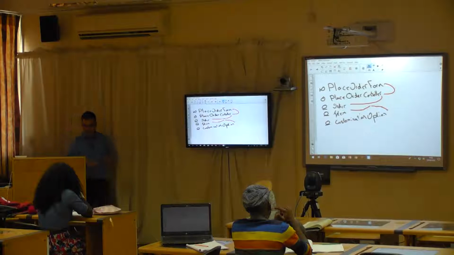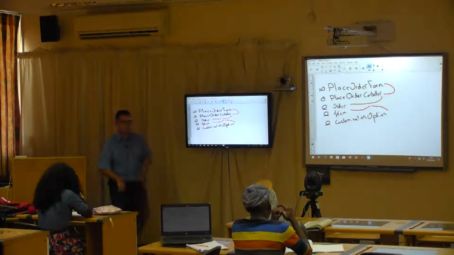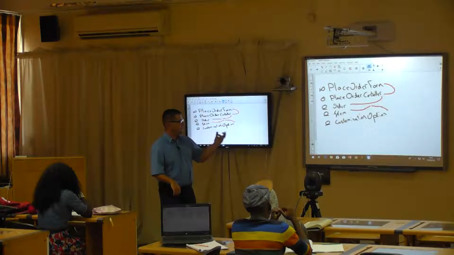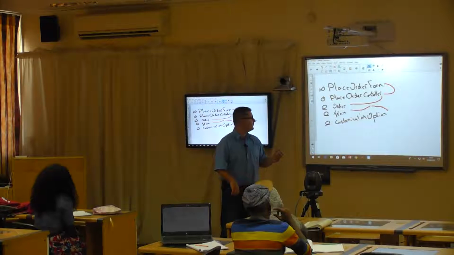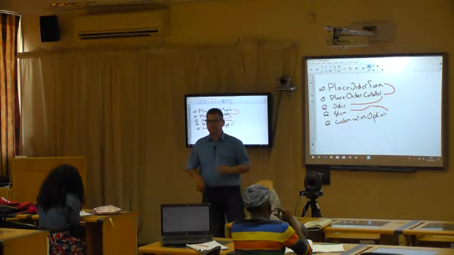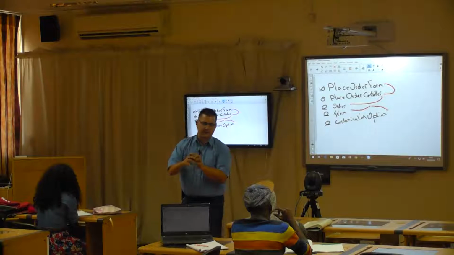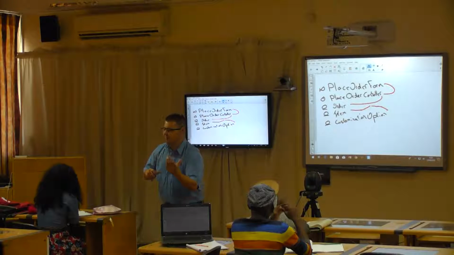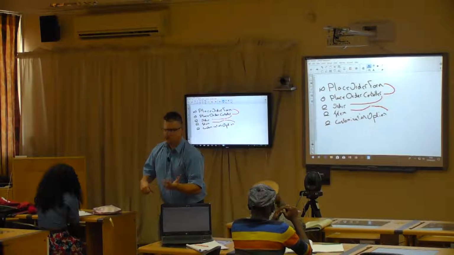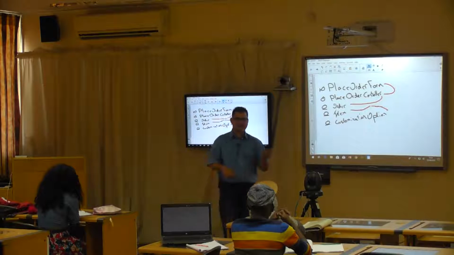If we had to look at the relationship between order and item, or even item and all of it. If you have an order and you're placing an order, how many items can you buy? Would you like to limit the customer? Does it make business sense to limit them?